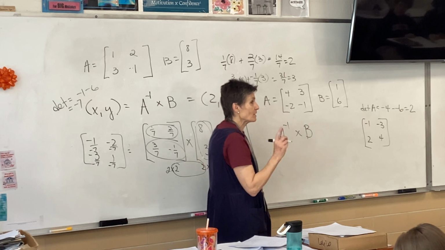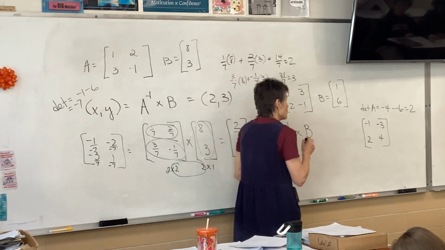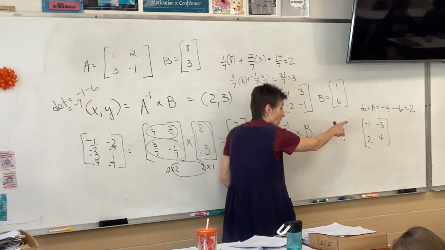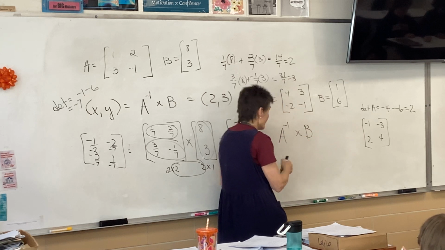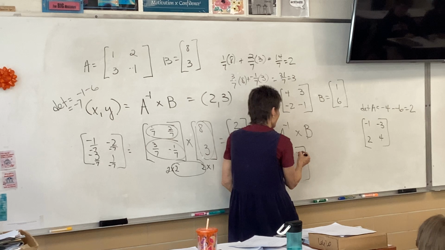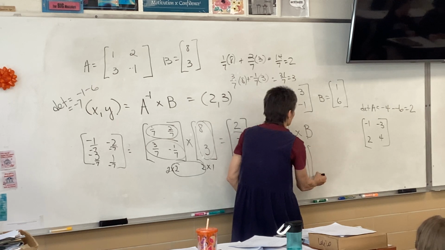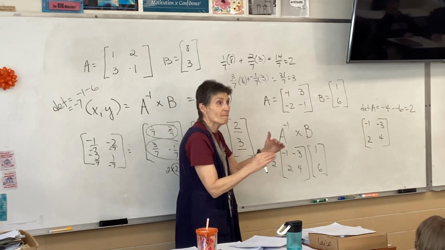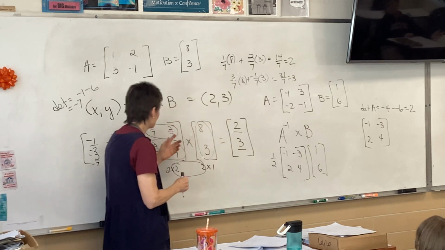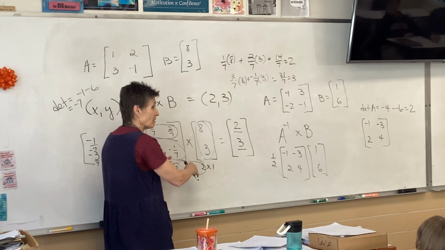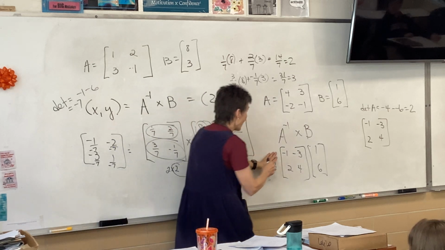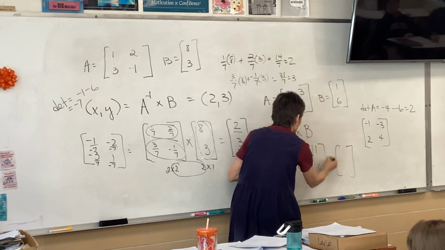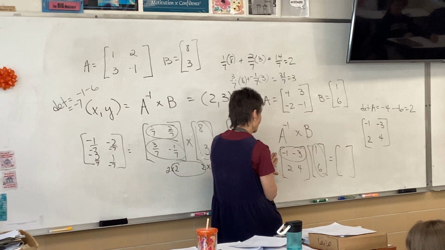Now, if the fractions bother you, then you can save the 1/2. You're going to multiply all those by 1/2, right? Divided by 2. You can save that and do the multiplication and then take half of those answers. It doesn't matter. So this time I made the fractions and I did the math with the fractions. Here I can do this math. So multiply this times this, and what do I get when I do that?